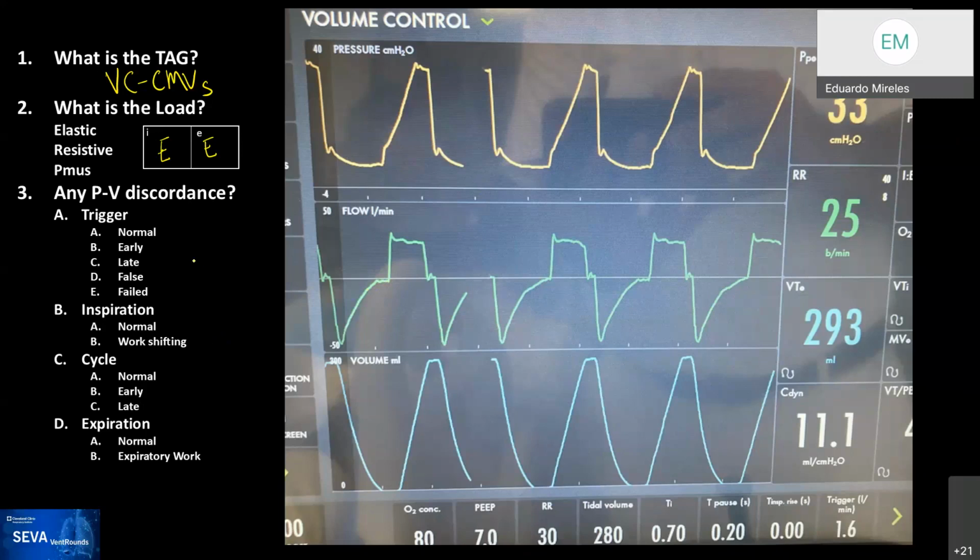Would some help? Do you see any PMOS? I see PMOS. Where? At the top of the plateau of the flow waveform. So what are you controlling? I am controlling flow. Yeah, I don't see any PMOS.